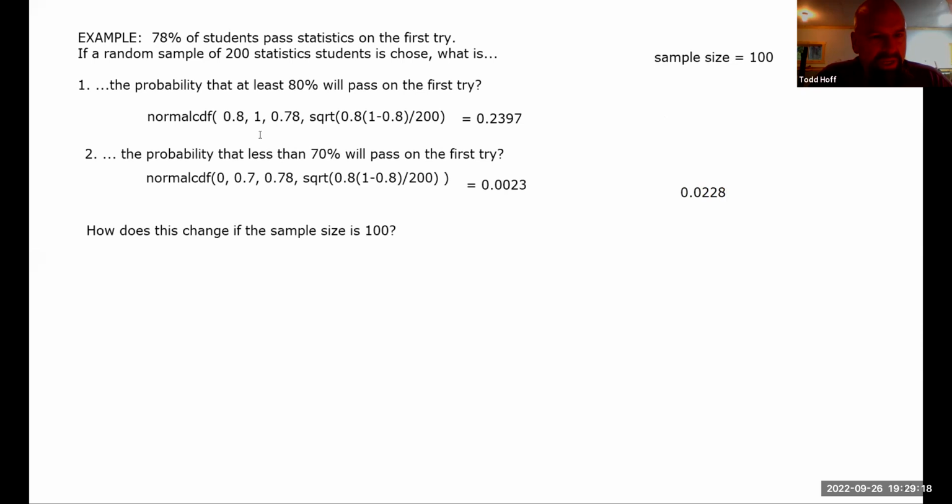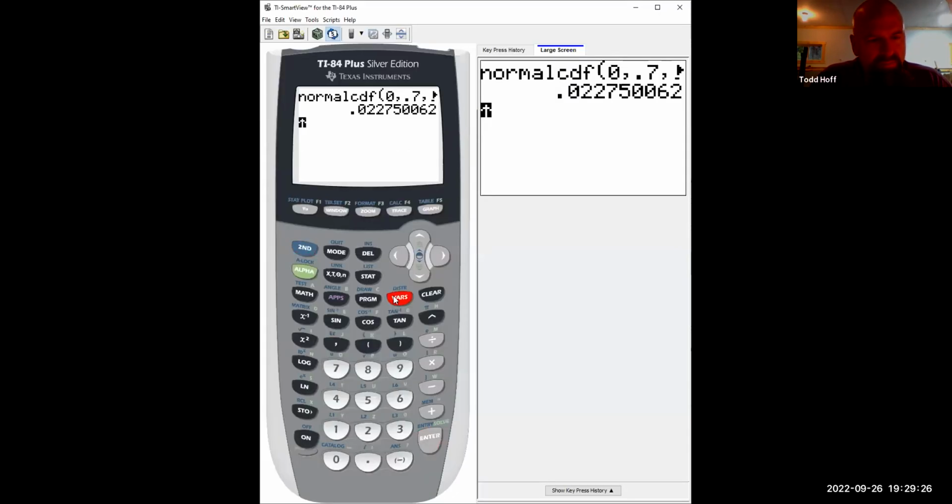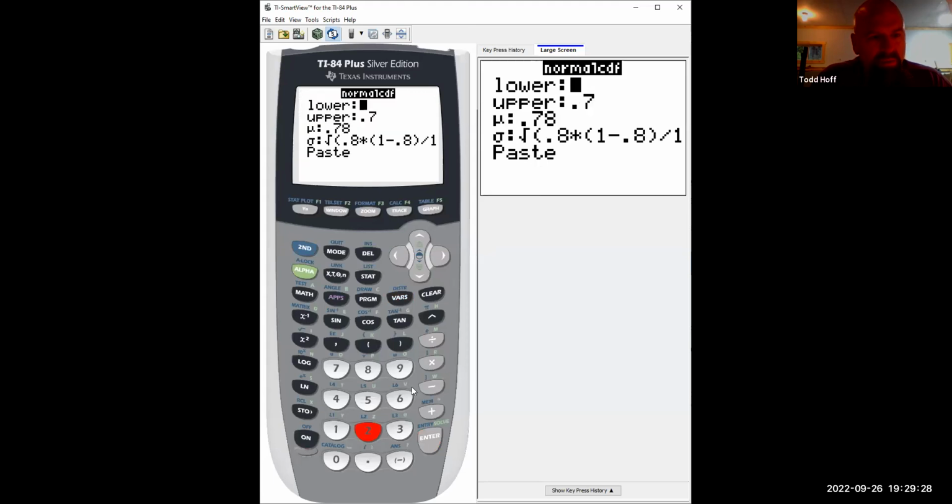So let's do the same thing here for greater than 80%. So we're going from 0.8 to 1, from 80% to 100%. Oops, just 1, not 100. And everything else is going to stay the same.